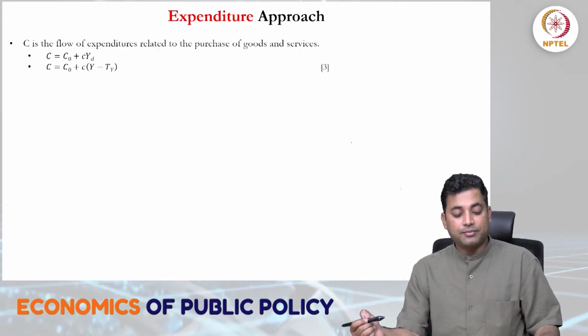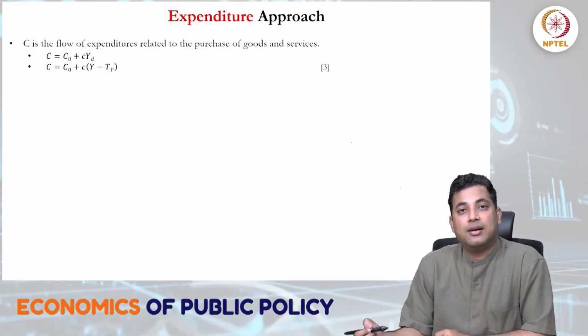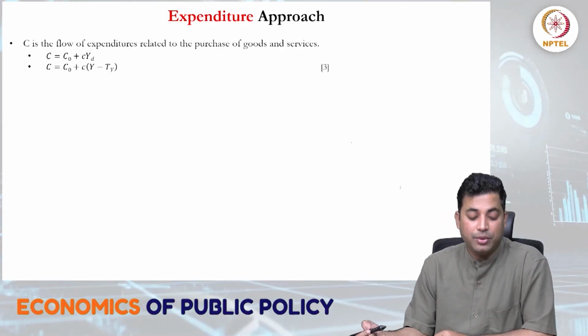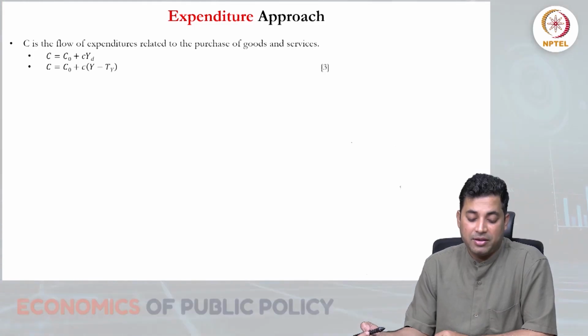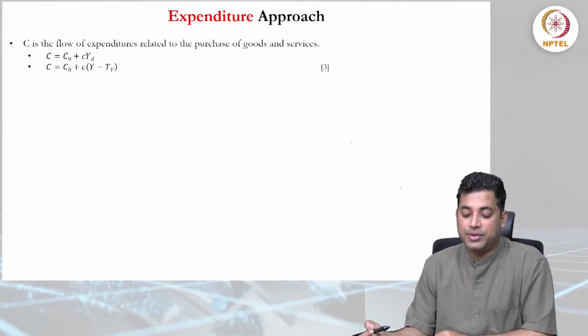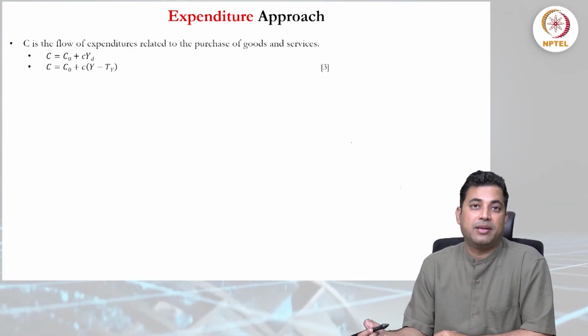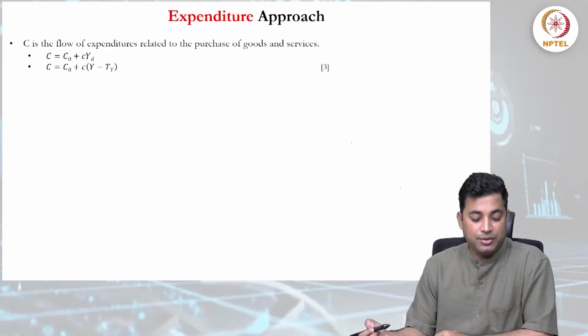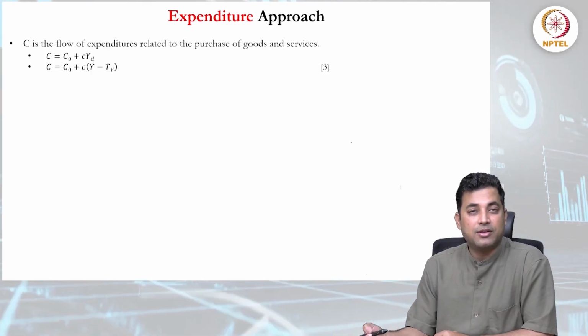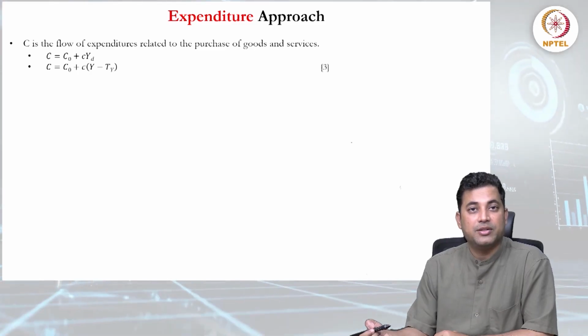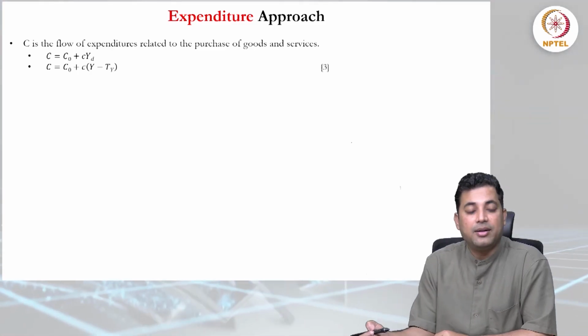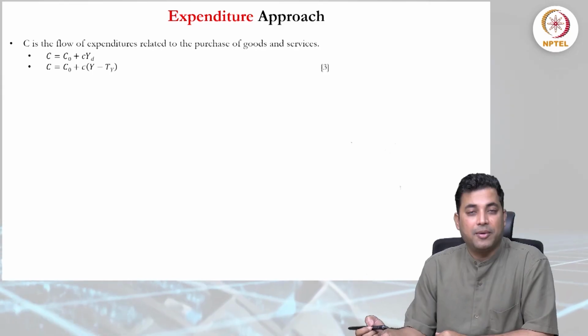Now C is consumption expenditure, which we know is the flow of expenditure related to the purchase of goods and services. So it basically comes from the households. For household consumption, the expenditure equation is important. So how do we write it?